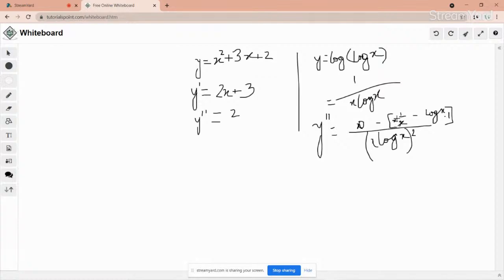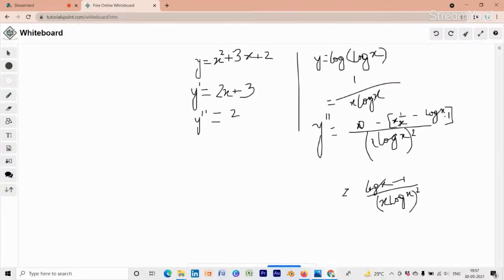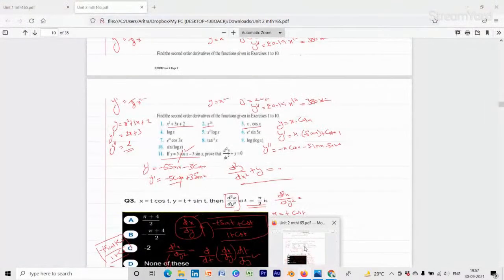So this will be the answer. Log x minus 1 divided by x log x whole square. So this kind of sums are there. Okay.